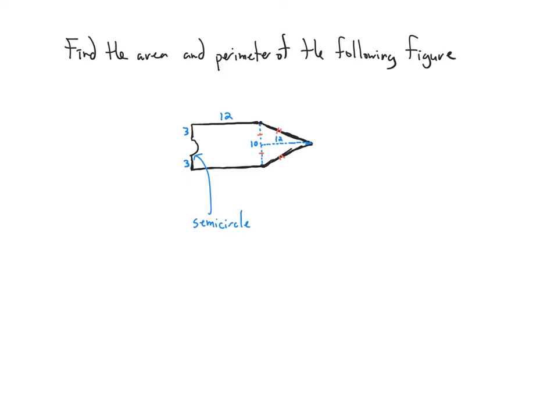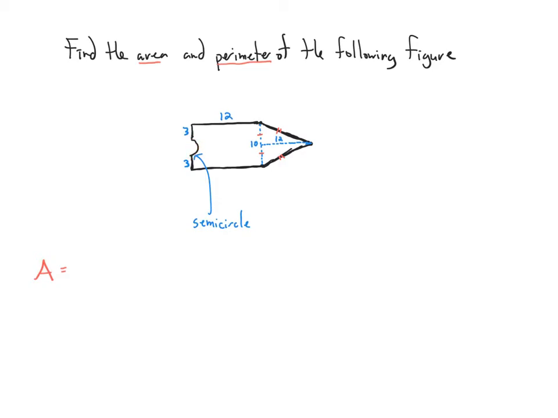let's piece together what's going on here. We'll start with the area. The area of our figure in total: we have this rectangular object here, but it's missing this semicircular bit.